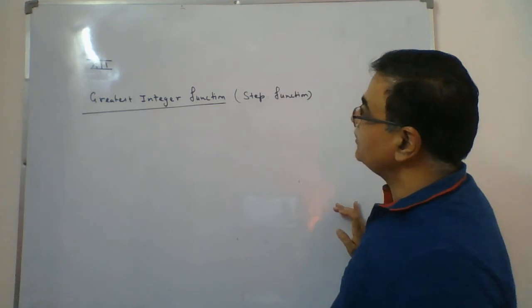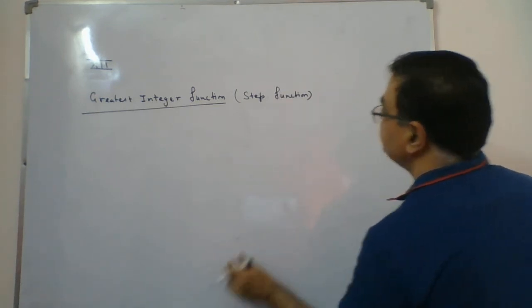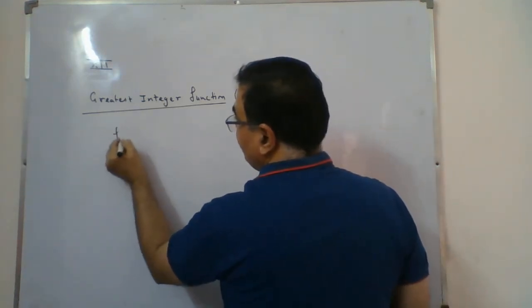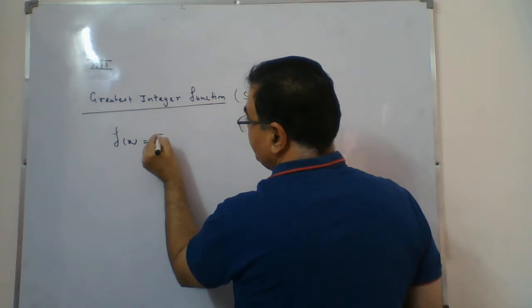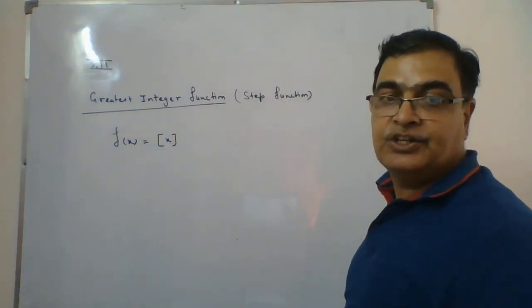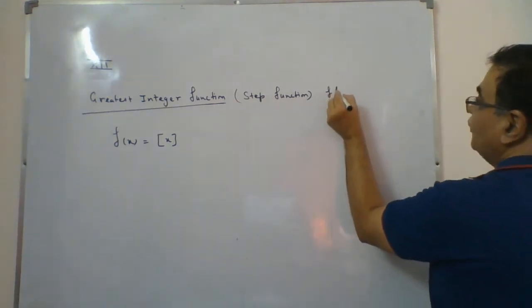First I'll define it. The symbol for this function is f(x) is greatest integer x. This is the symbol for greatest integer. It is also called the floor function.